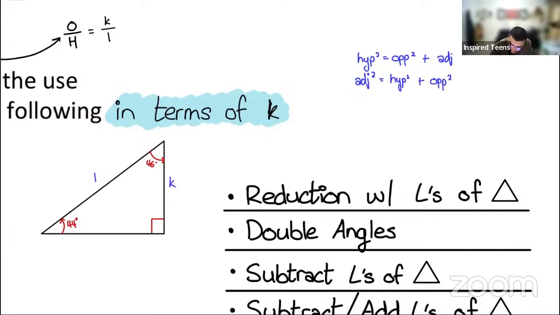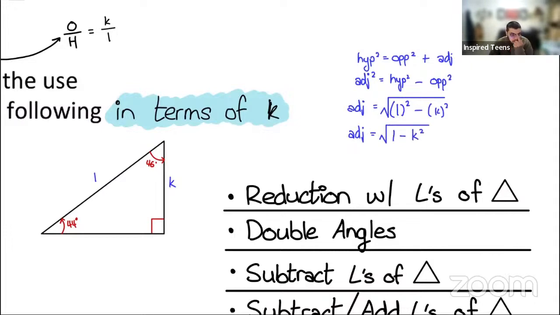We can minus, that's the key thing. Don't ever forget that. Don't make that mistake that I just made. We square root both sides. We're going to get the adjacent being equal to the square root of the hypotenuse, 1 squared, minus the opposite, k squared. If we simplify this, the adjacent is equal to the square root of 1 minus k squared.